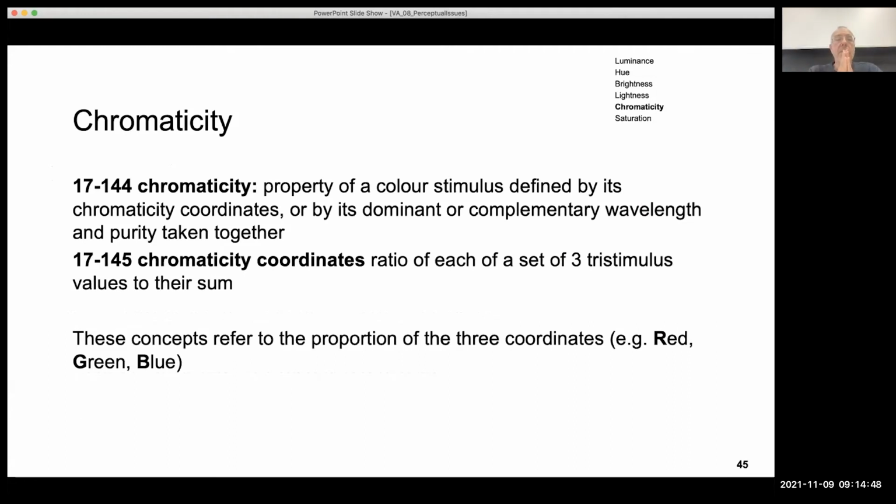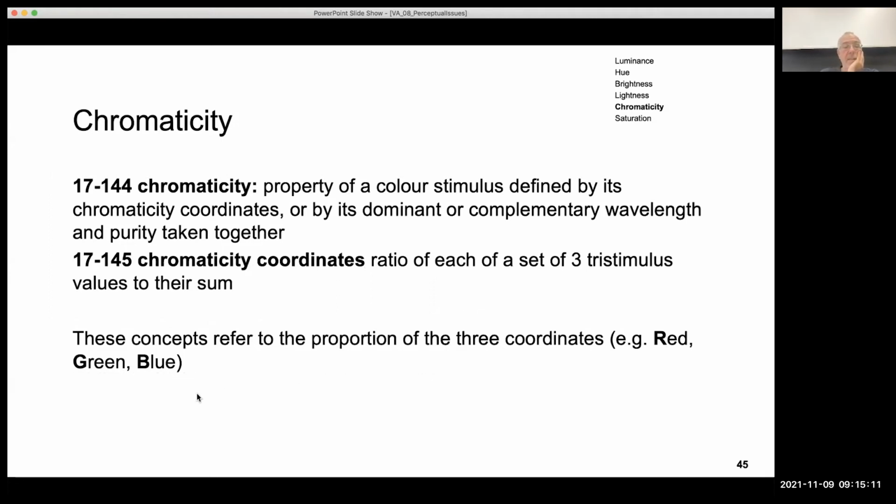Next, the definition of chromaticity. It is the property of a color stimulus defined by its chromatic coordinates. And what are these chromatic coordinates? It's the proportion, the ratio of a set of 3 stimuli, let's say red, green, and blue.